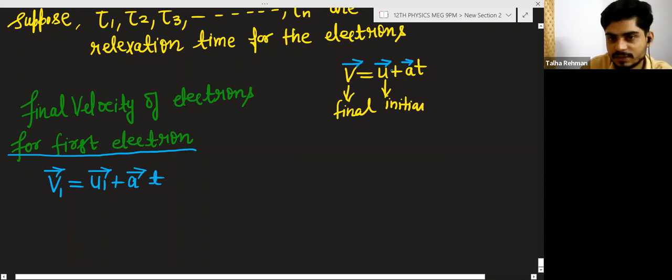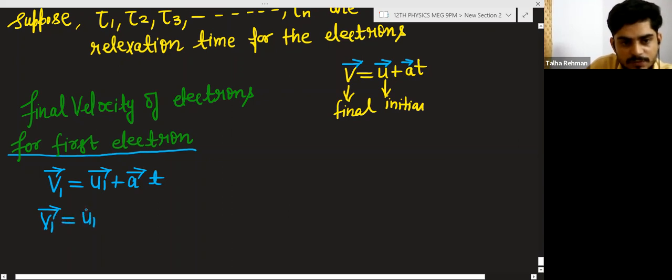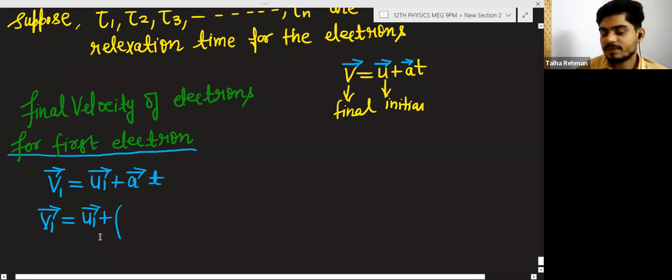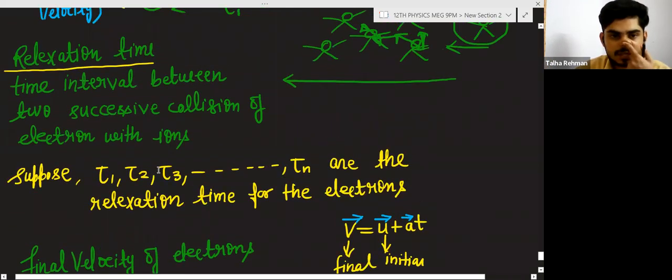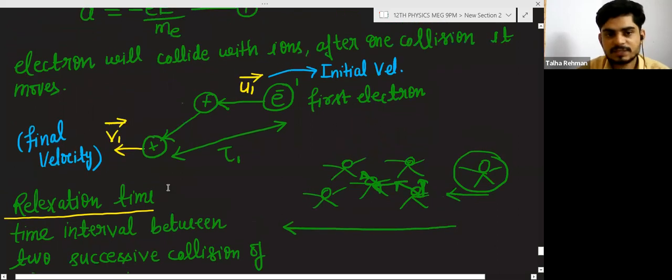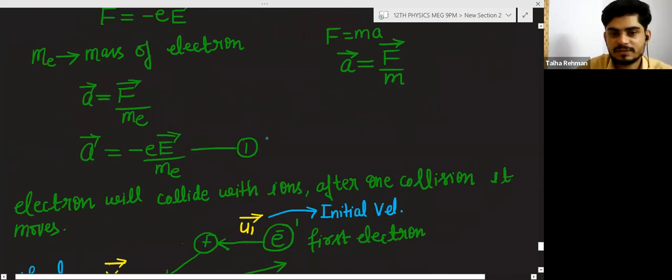Velocity is a vector, acceleration is a vector. For the first electron, this is the expression: v1 is equal to u1 plus, and please remember one point, the acceleration here is the same for all the electrons.